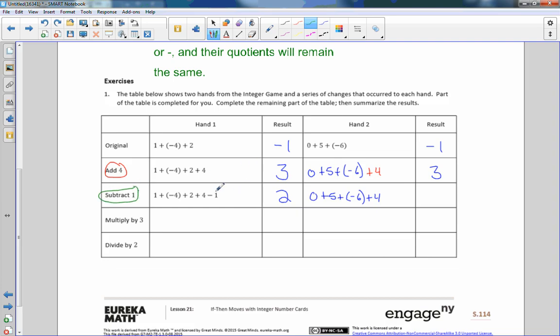So 3 minus 1 is 2. We continue like this. Now I'm going to write 1 plus -4 plus 2 plus 4 minus 1.